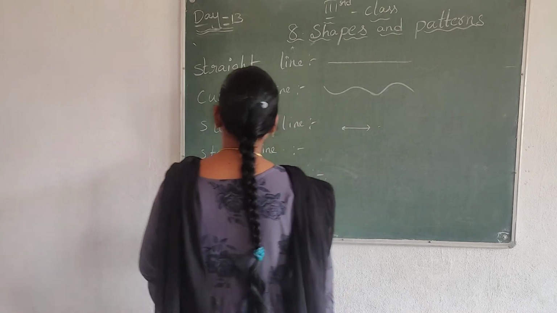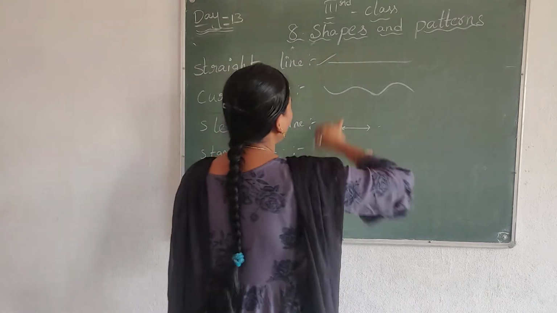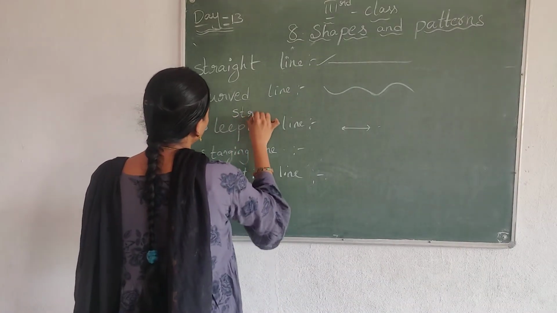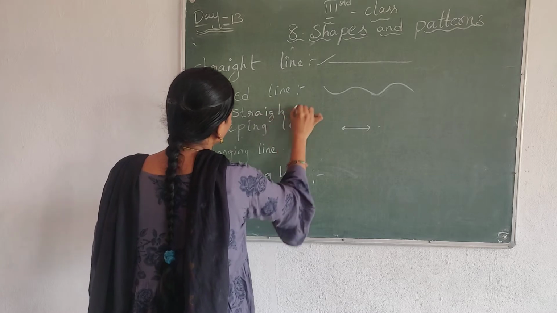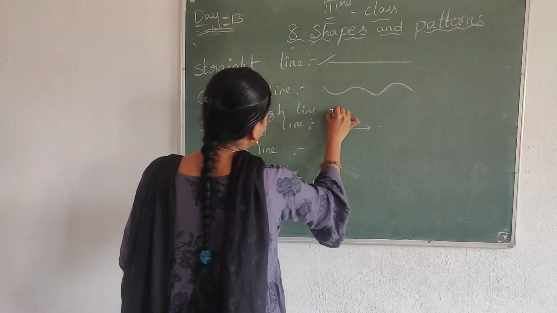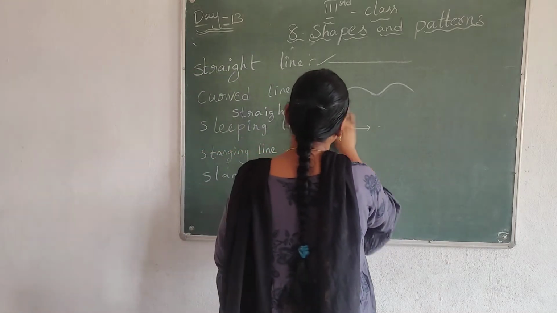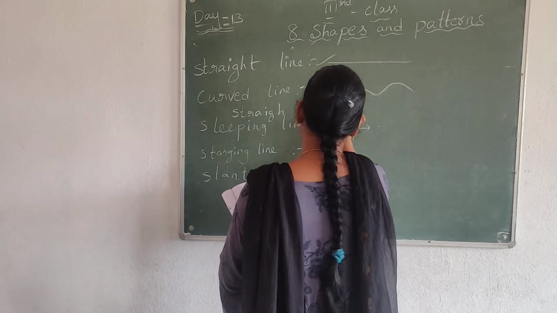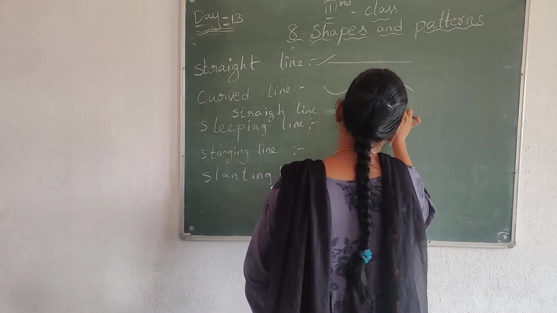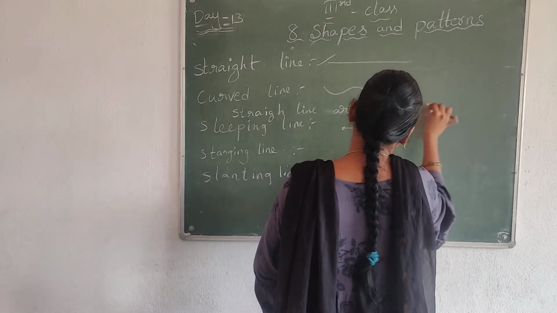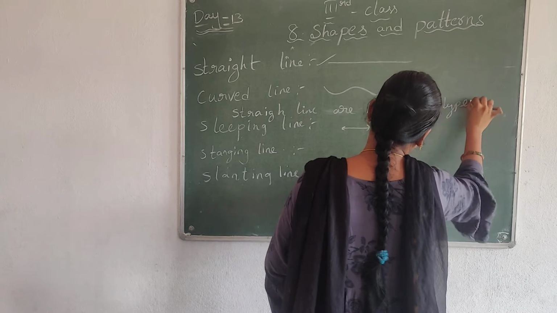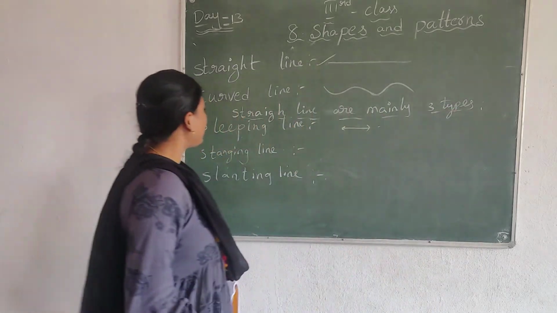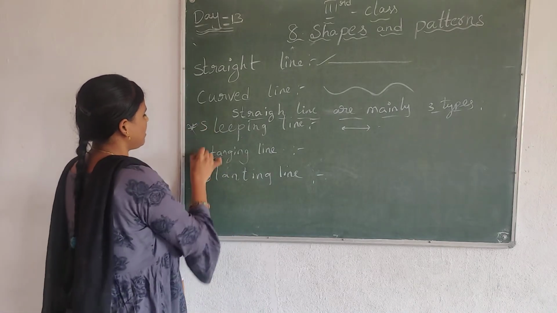See here, the straight line is mainly of three types.